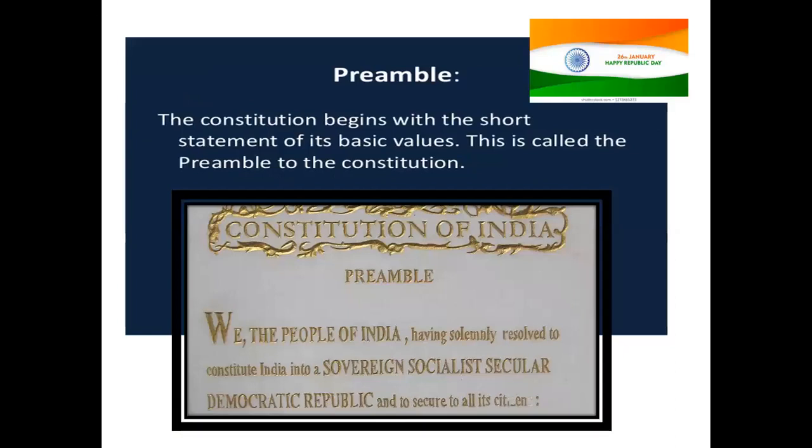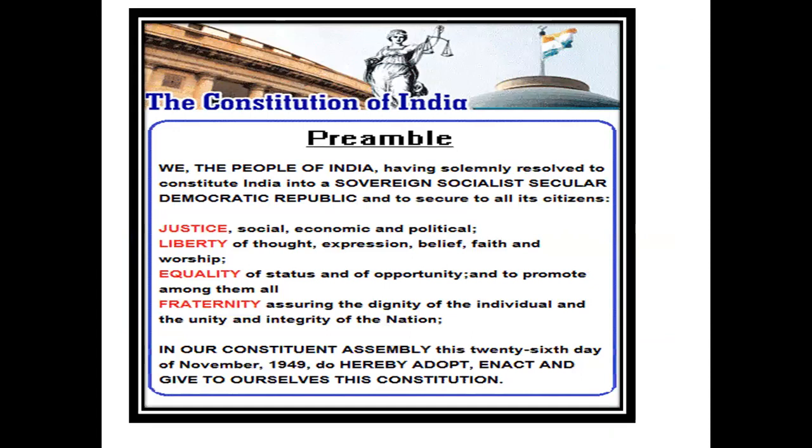Taking the views of all these people, we have a constitution. On the first page we get the preamble. It says: we the people of India, having solemnly resolved to constitute India into a sovereign, socialist, secular, democratic republic.